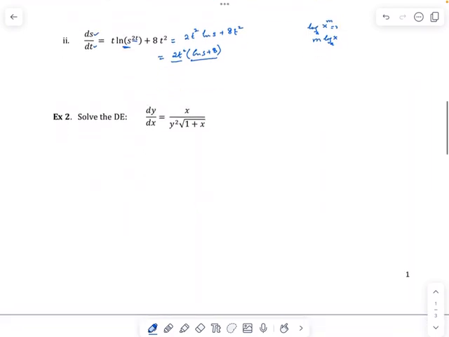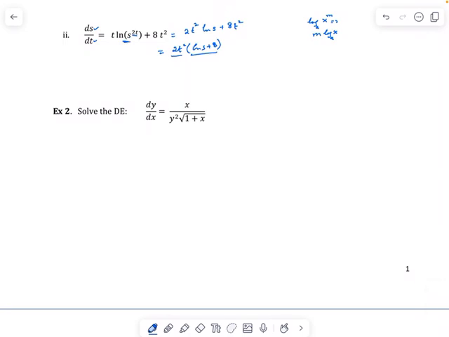Now we have a question to solve the differential equation. For the first one, I think it's easier to see it is separable. We can write y squared dy is equal to x divided by the square root of 1 plus x, dx. The left side is easy to integrate, but for the right side, if you recall, we have to do a u substitution.